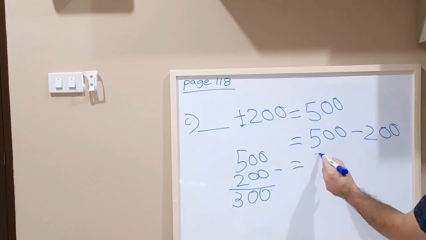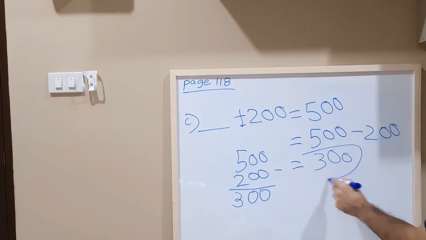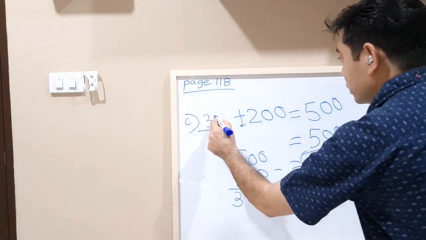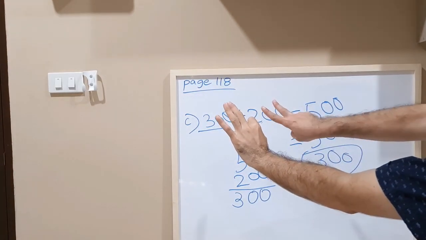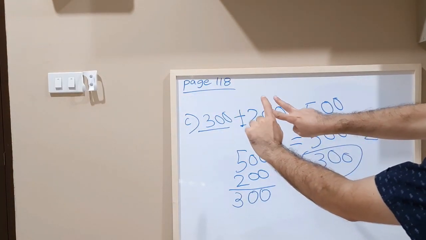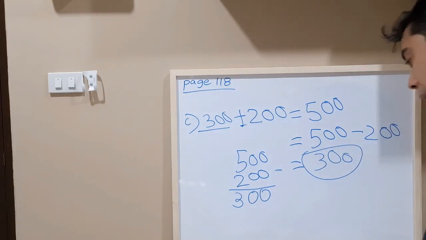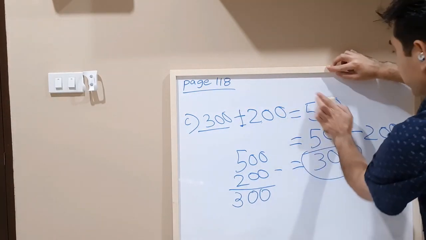So the answer is 500 minus 200. It's 300. So we can put it here. 300, 3 plus 2 will give you 1, 2, 3, 4, 5. 5. So that is the answer. Now we can go to letter D. So I will erase this one.